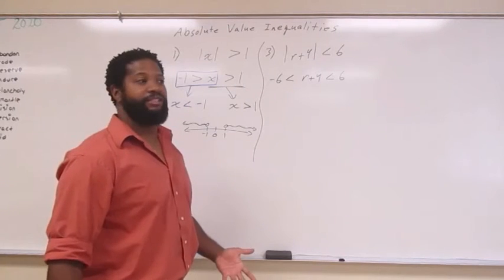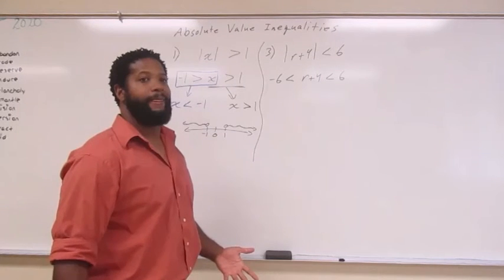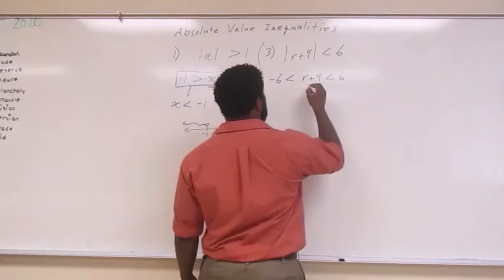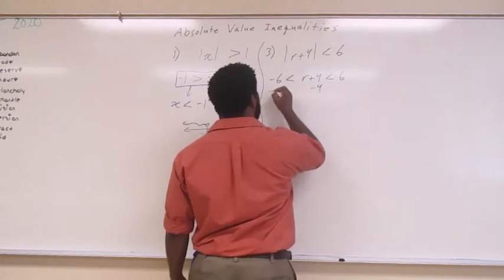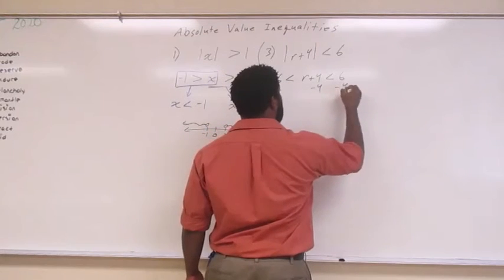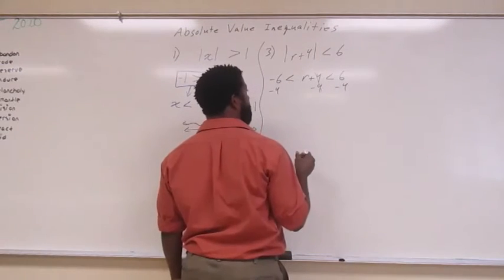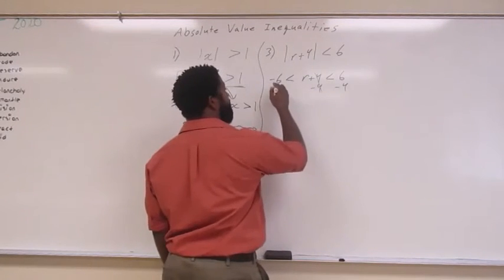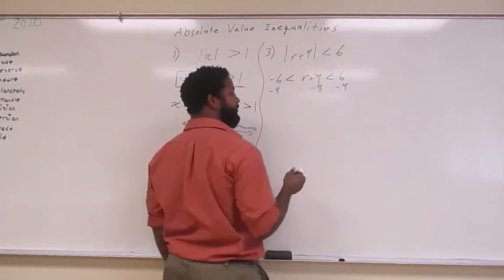And what is it that I showed y'all last time? Subtract the 4 on both sides. Therefore, negative 6 minus 4 is what?